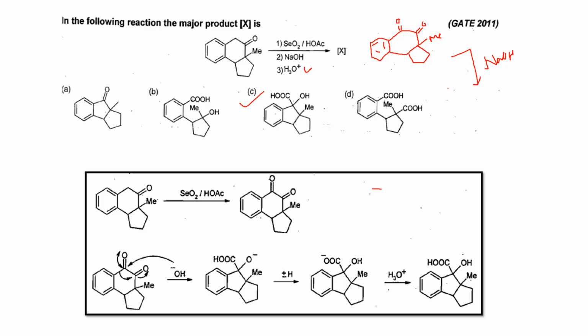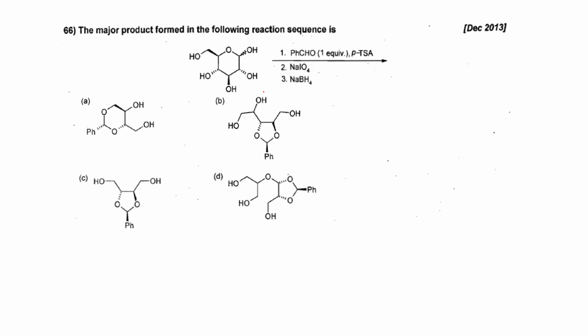Let's go to the next question. What will be the major product formed in the following reaction sequence? In the first step, they have given this aldehyde and pyridinium sulfonic acid, so obviously aldehyde protection will take place.